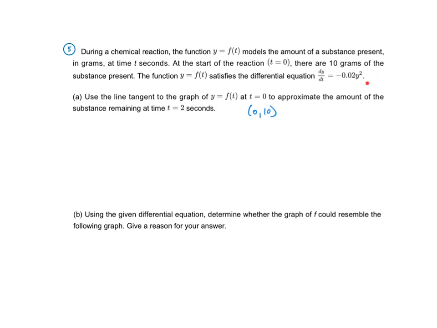To get the slope, we want to know what the derivative is at 0. So when t equals 0, y is 10, and so if you plug 10 into that derivative, dy/dt at t equals 0.